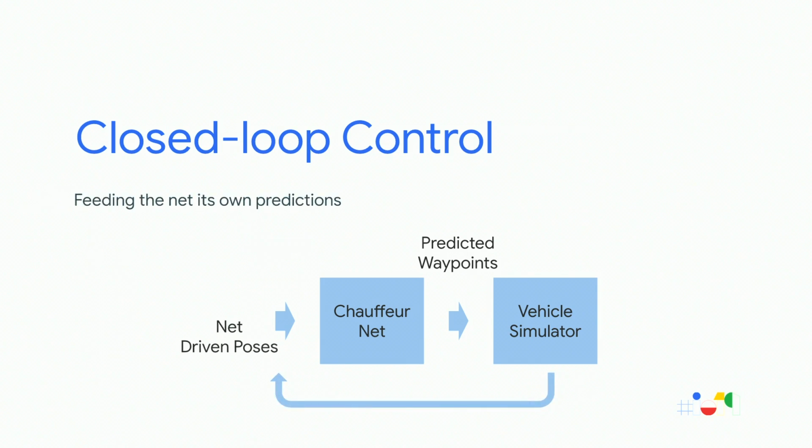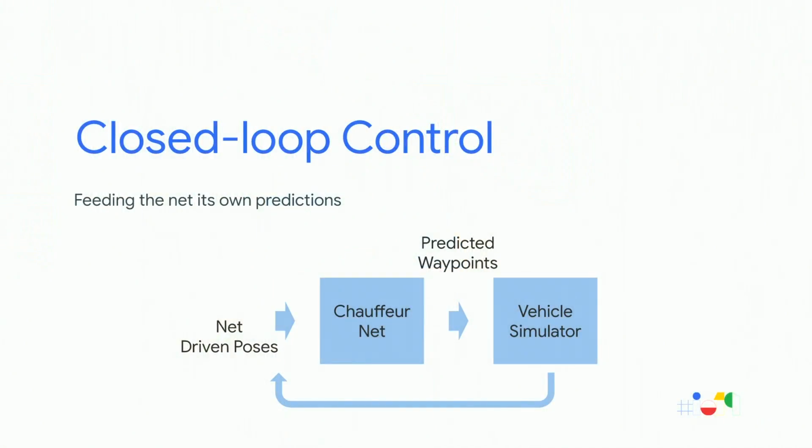Because of that, the car might actually drive forward and generate new poses. Now, an interesting aspect of this is that those poses might be very different from what the net was trained with. Given that, it would be really hard for the net to generalize if it has never seen this data or it actually lands outside its distribution. So it's important to evaluate the network both in open loop as well as closed loop settings.